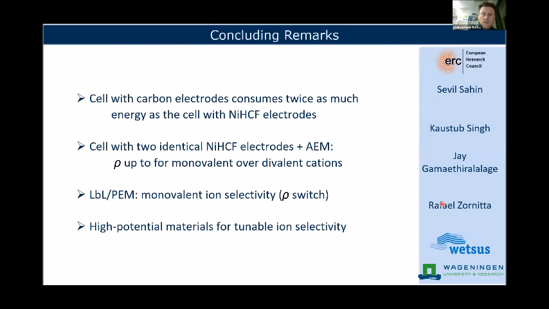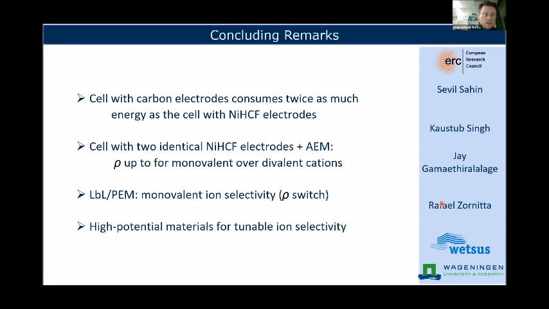So we see their favor. LBL, so layer by layer, polyelectrolyte multilayer. We see that there's a monovalent ion selectivity, and that upon putting that onto the membrane in a carbon-based system, allows a switch of the selectivity.